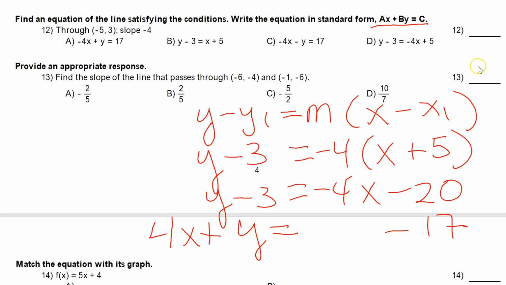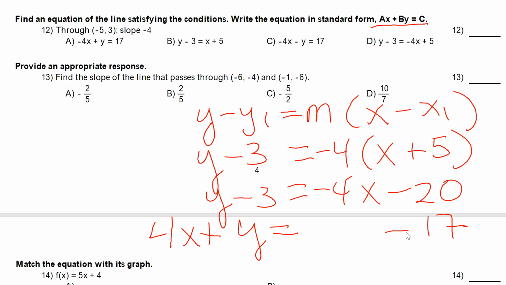Well, this is an interesting situation where if you look at the answer I got, and if you look at the answers in the multiple choice, none of them are there. But if you look at example C, our A term here is negative, this is negative, and this is positive.